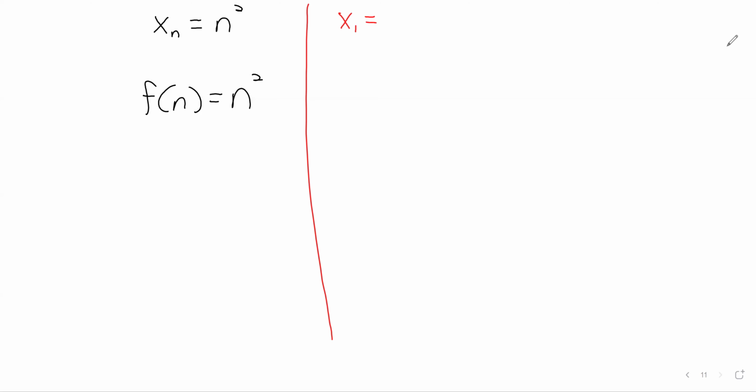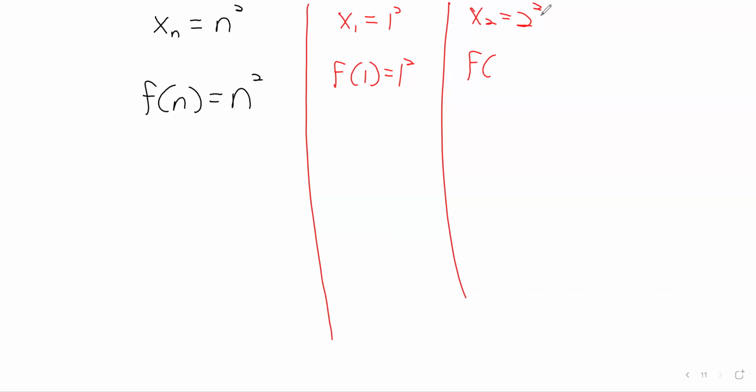X sub 1 equals 1 squared. F of 1 equals 1 squared. X sub 2 equals 2 squared. F of 2 equals 2 squared.